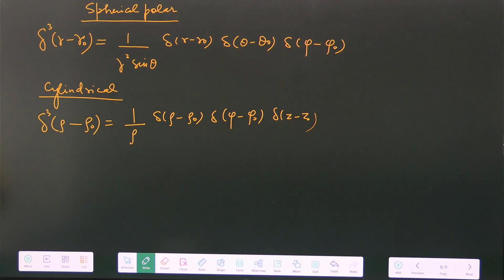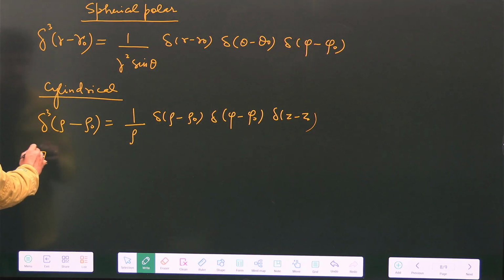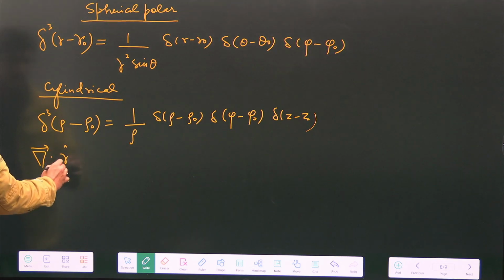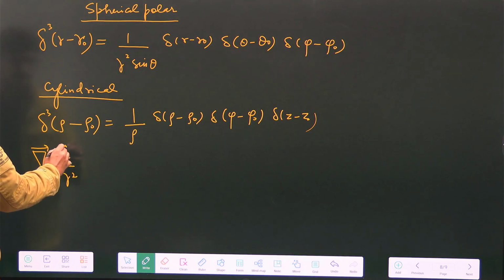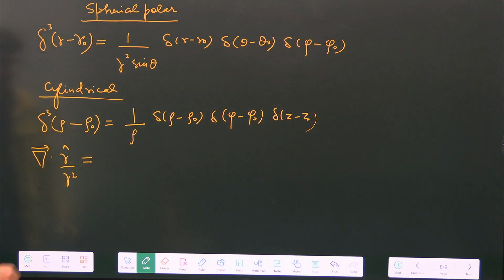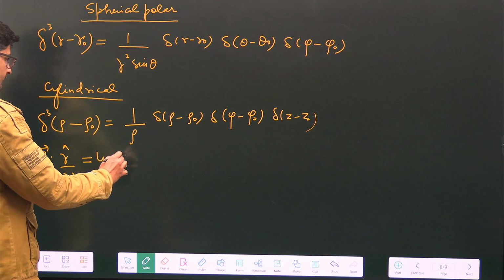ठीक है? ये सब हम लोग यूज करेंगे। सपोज del dot r cap by r squared है, तो ये क्या बन जाएगा? It is 4 pi del(r).